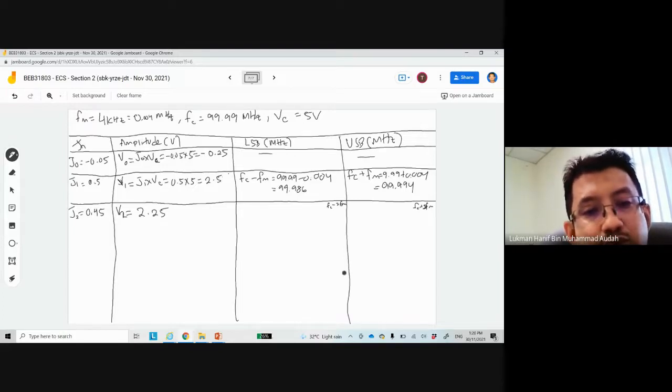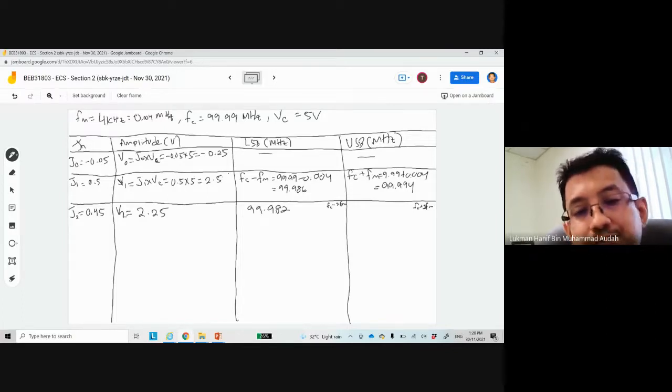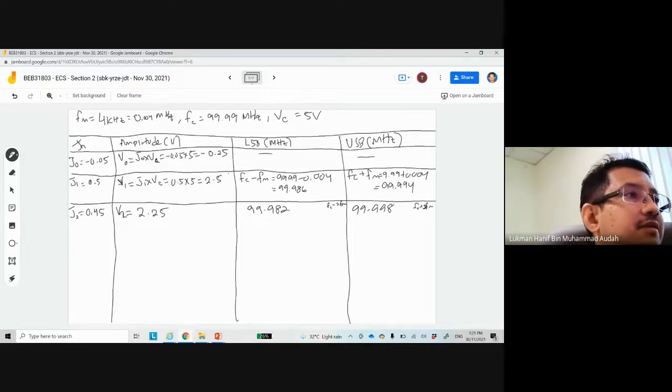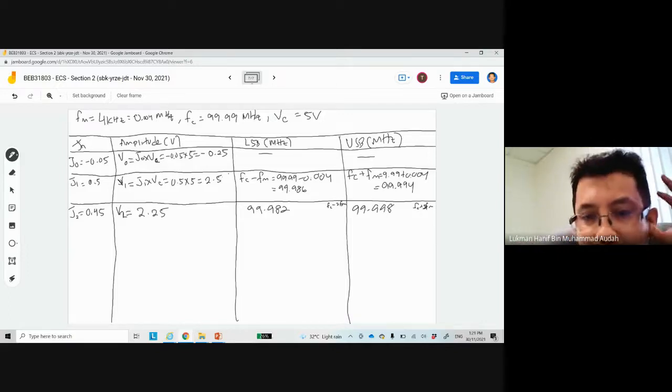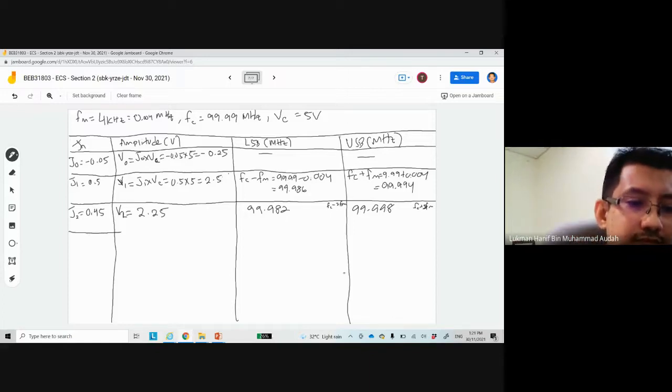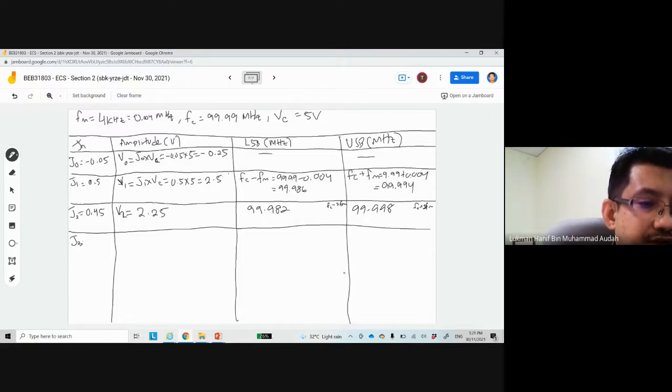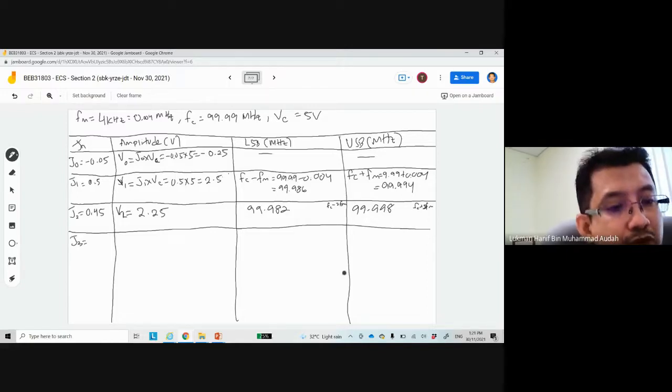FC minus 2 FM, so you will get 99.982. FC plus 2 FM means here it is 99.998, adding 4K. J3 is equal to 0.22 from the table.